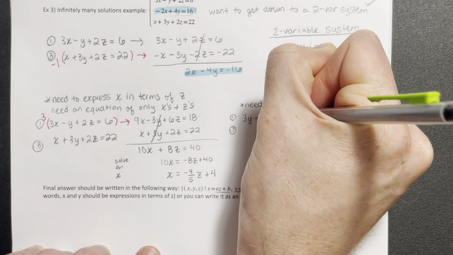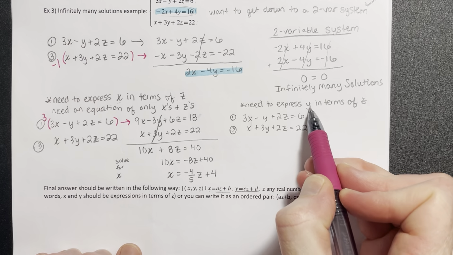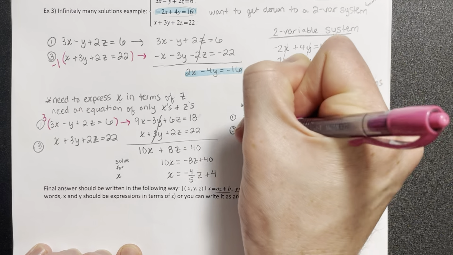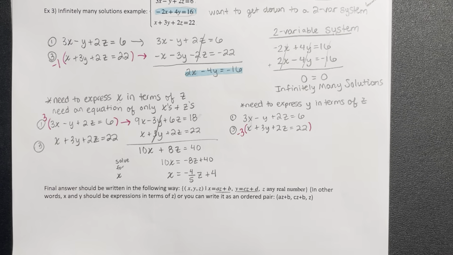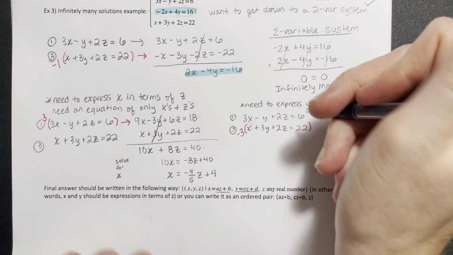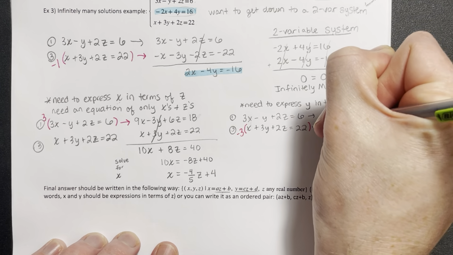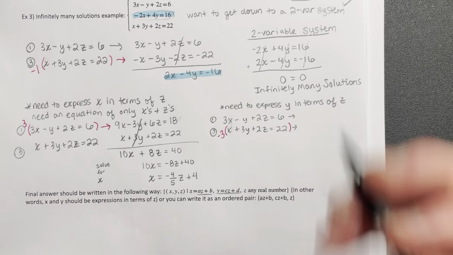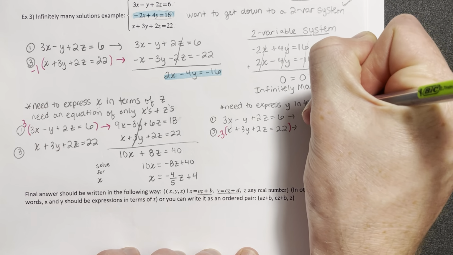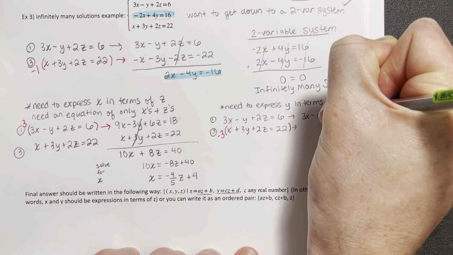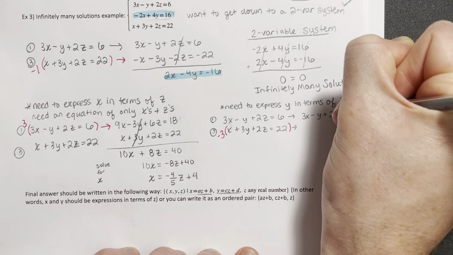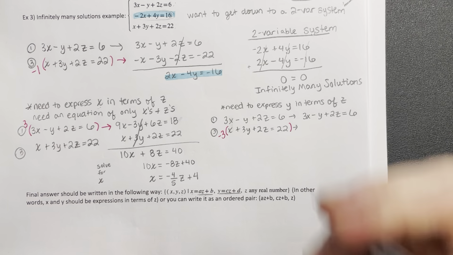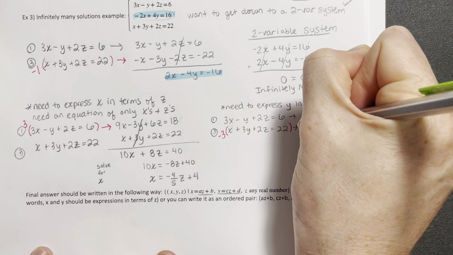I'm going to eliminate the x's this time so that I have an equation that's only y and z. That is easiest by multiplying the bottom one by negative 3. I'm still trying to organize this work in a way that's not confusing, but I know that it takes up a lot of space. So generally, I'll try to give you as much room as I can to solve these types of equations.